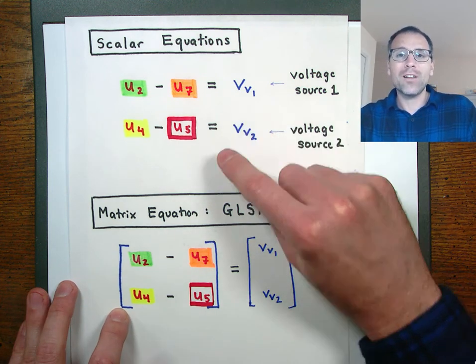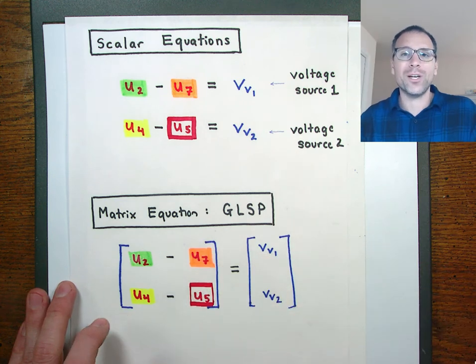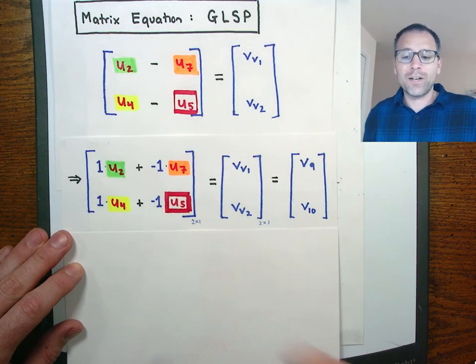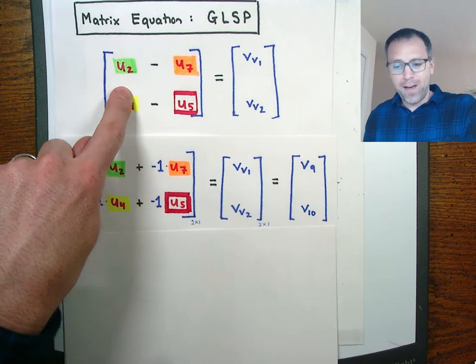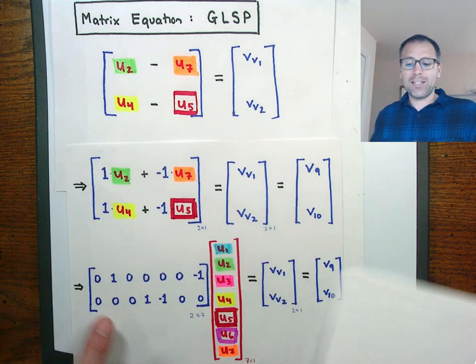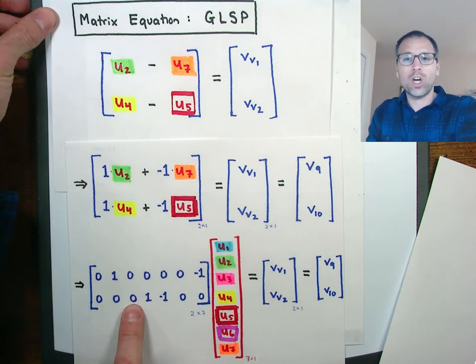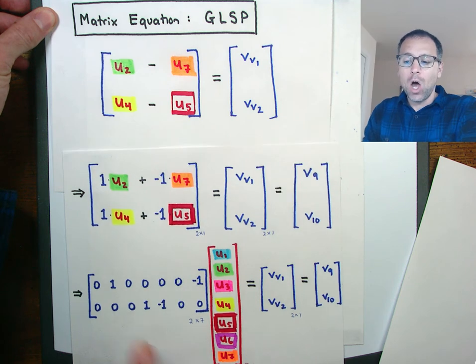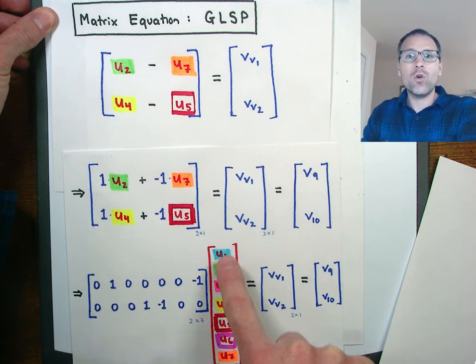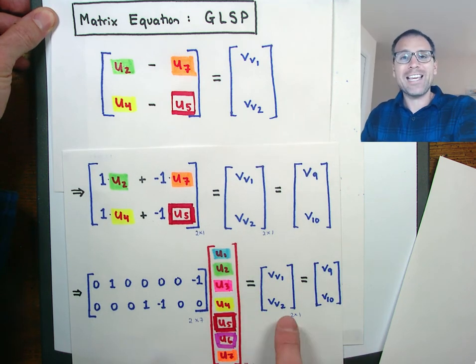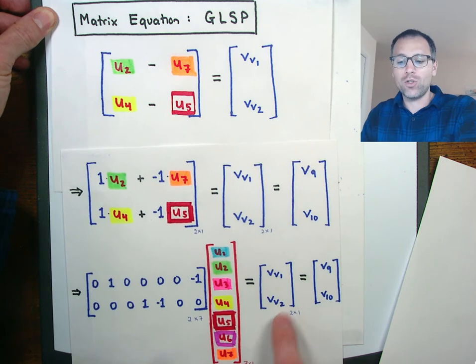Instead of having two scalar equations, we turn it into a single vector equation. And we use our fluency with matrix vector multiplication to recognize that this vector equation actually represents a matrix vector product, where we're saying, hey, take the incidence matrix corresponding to the voltage source element in my circuit, multiply it by my unknown node potential vector, and I get the vector of voltage source values on the right-hand side.